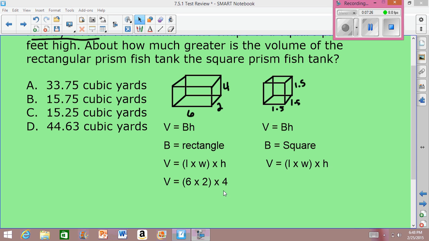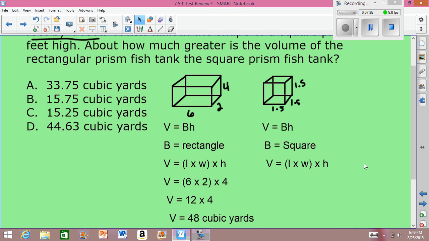So when I substitute in for the rectangular prism, it is 6 times 2 times 4. So when I do that, I have 6 times 2 is 12 times 4 gives me a total of 48 cubic yards for my rectangular prism. So now we're going to go finish our calculations for our square prism or cube.